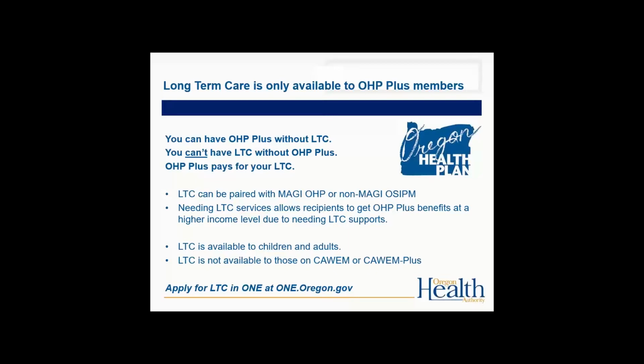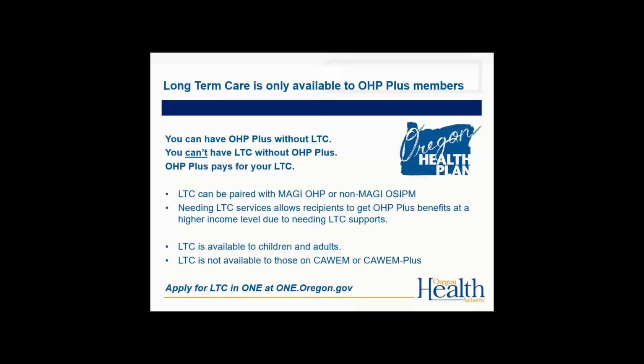Just a moment. While you're doing that, I'll answer one of the questions that came up early on about the difference between OHP Plus and OSIP-M, the two different groups. MAGI has its own financial and non-financial eligibility factors, based on age and caretaker relative and all those things. And then OSIP-M has its own financial and non-financial eligibility factors.